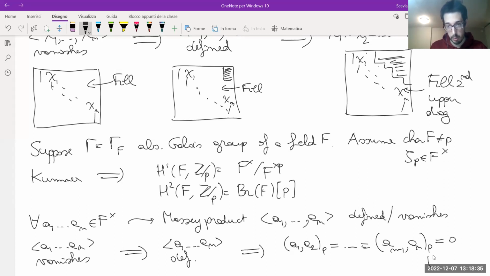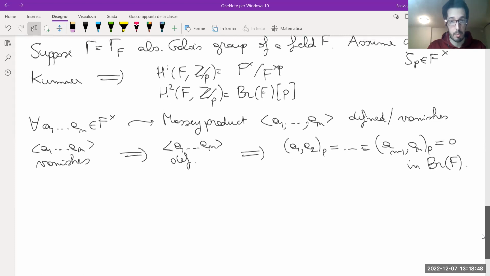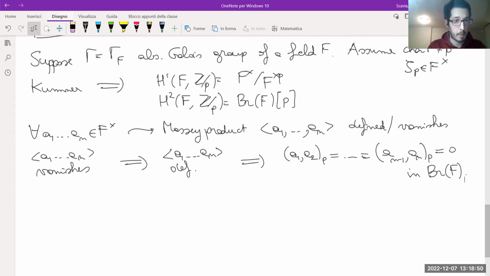This should be zero in the Brauer group of F. So in the case of fields, we can interpret everything just using the arithmetic of the field, at least when we have a P-th root of unity.